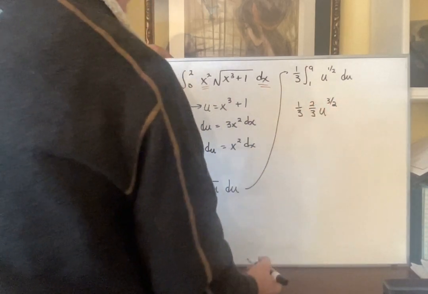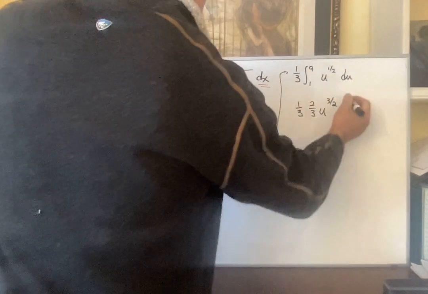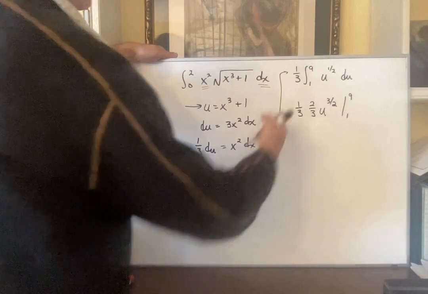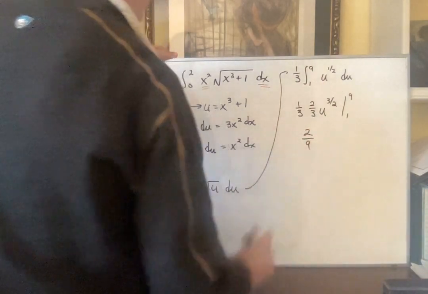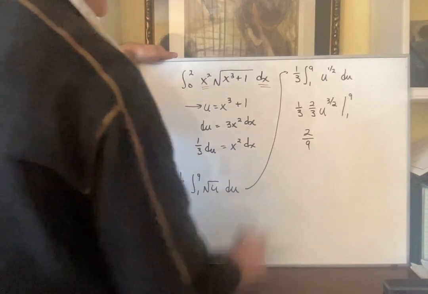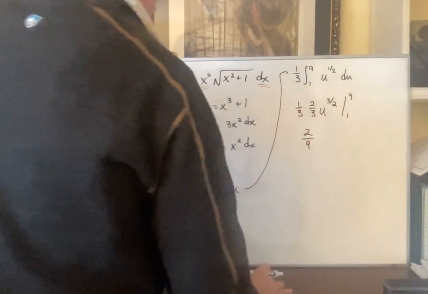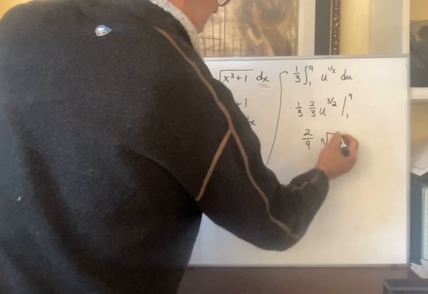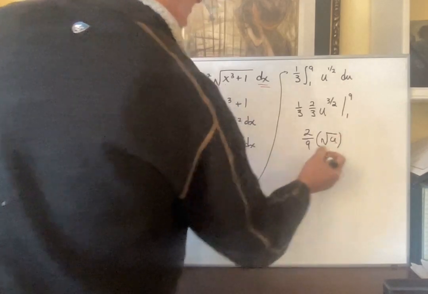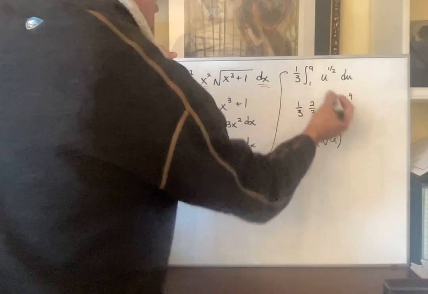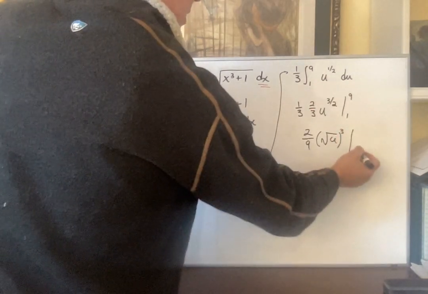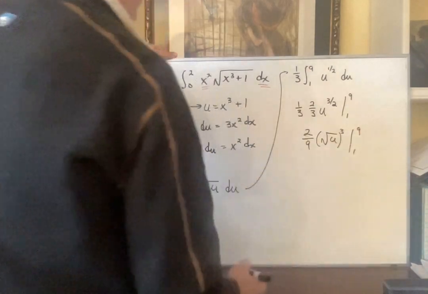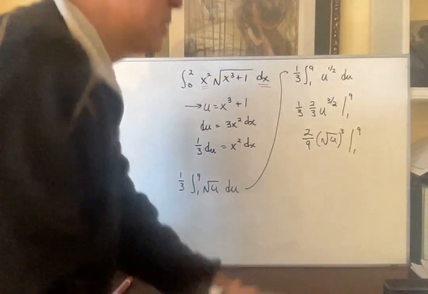And I do not need a plus c, because I'm actually going to be plugging in limits. I can simplify this a little bit, so it's just 2/9 times u to the 1/2, which is square root of u, and then cubed. I just think it'll be easier for you to see what I'm about to do if I do that. And then I just plug in the top.